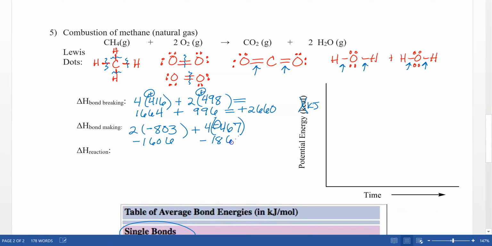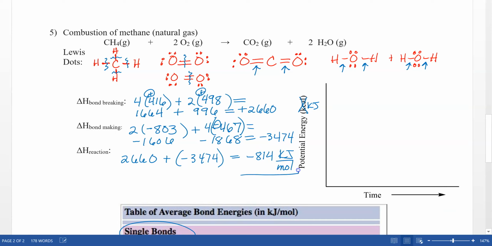We need the 2660, add the negative 3474, obviously coming out negative, and I got negative 814 kilojoules per mole. So that is our delta H for this reaction. It is the combustion of methane, so we know that's going to be exothermic, so that makes sense.